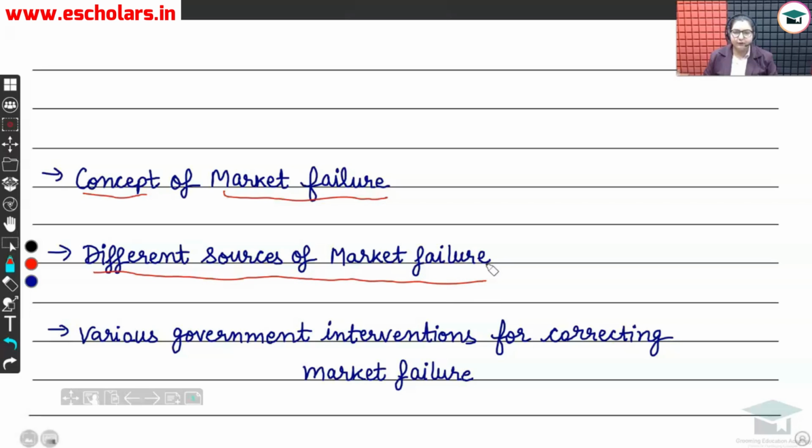One example of the sources of market failure is imperfect information. Also, we are going to cover what steps are being taken by the government in order to correct the market failure, that is various government interventions for correcting market failure.